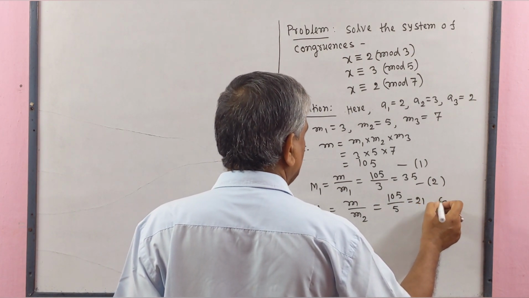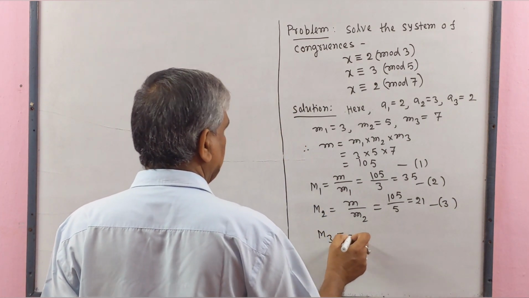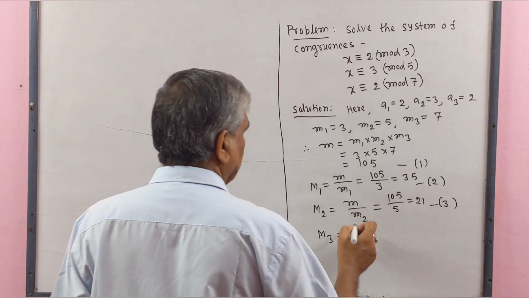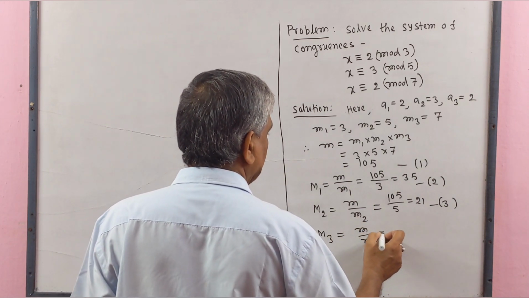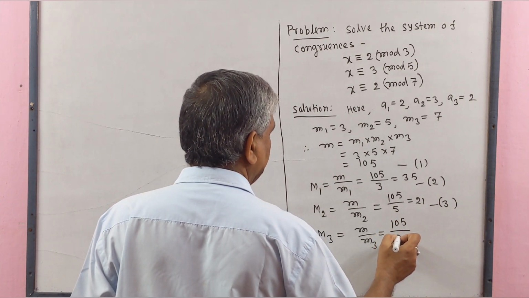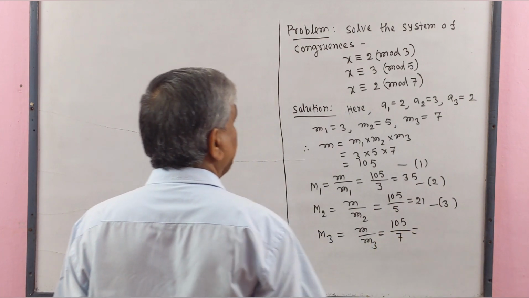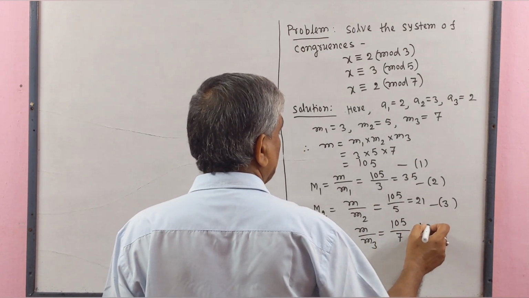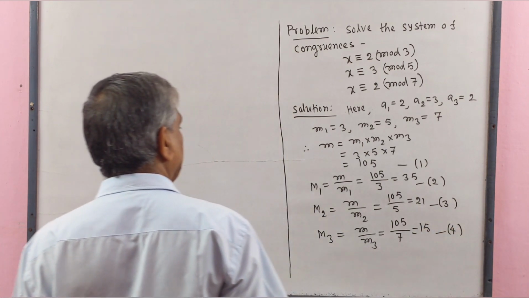This is number 3. Capital M3 equal to small m by small m3. Small m is 105 and small m3 is 7, and this is equal to 15. This is number 4.